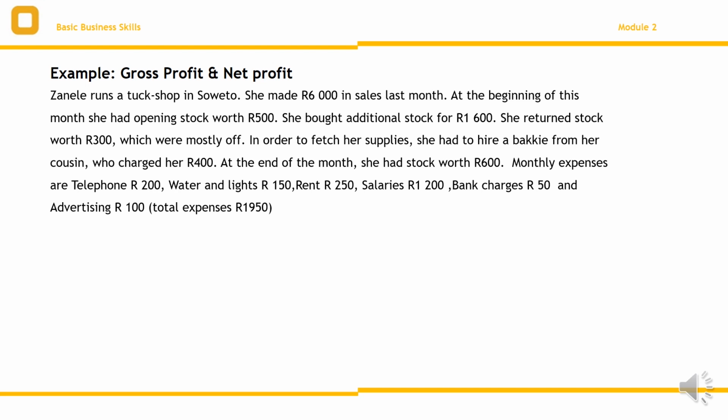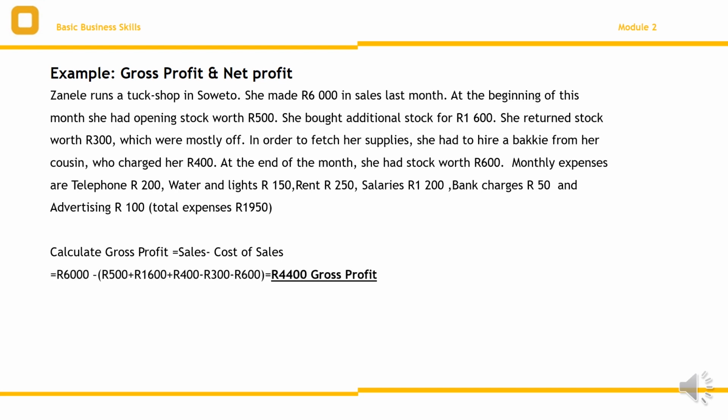Remember, the formula for gross profit is equal to your sales minus your cost of sales. So Zanele made sales of 6,000 Rand last month. So we would calculate her sales of 6,000 Rand minus her cost of sales. Remember, to calculate cost of sales, you need to look at what was her opening stock at the beginning of the month.